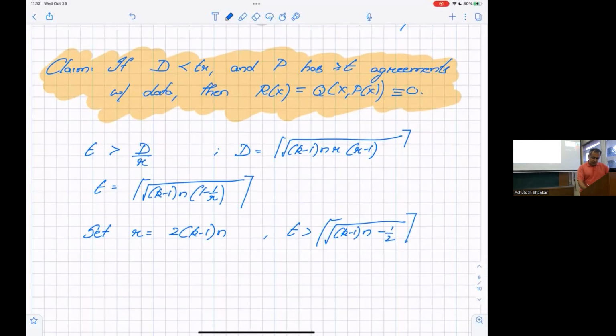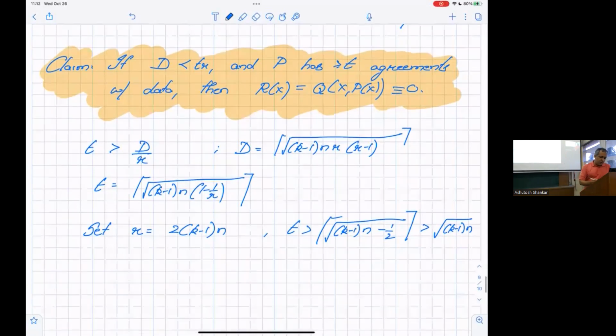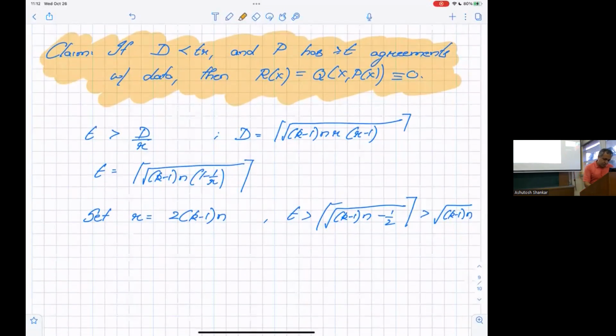Therefore, this is just greater than square root of k minus 1. Yeah, so that's the final setting of parameters. Still haven't yet proved the claim, but the final theorem of Guruswami-Sudan is the following theorem.